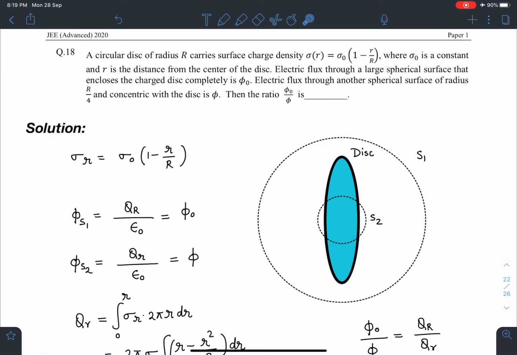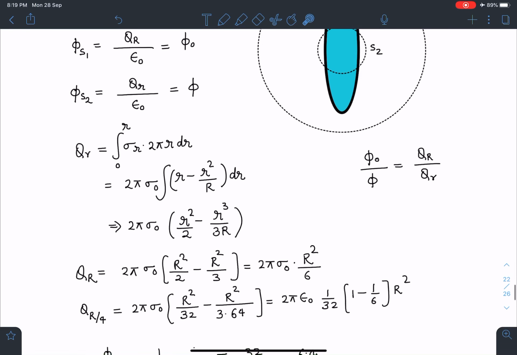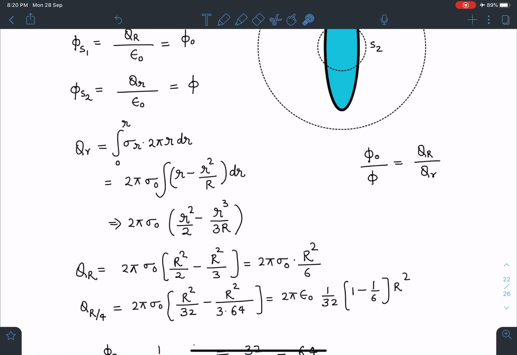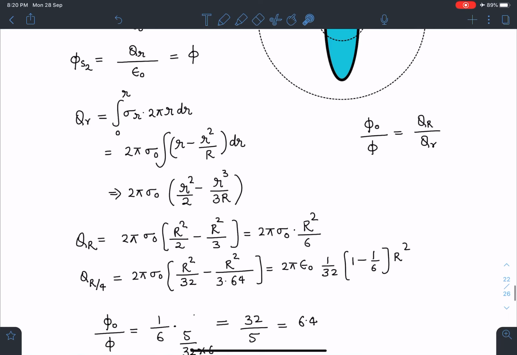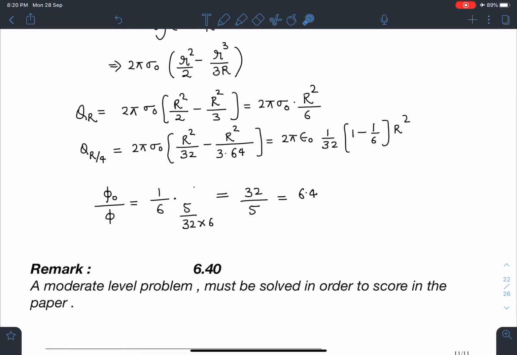So I'll take a ring of thickness dr and radius r. That will have a charge of sigma r times 2 pi r dr. If I integrate that, I'll get the charge up to radius of small r. When I substitute the values of capital R and R by 4 and take the ratio, I am going to get this number as 32 by 5, which is 6.4. So it's a moderate level problem and must be solved in order to score in this paper. It's easy. It will be solved by the majority of the students.